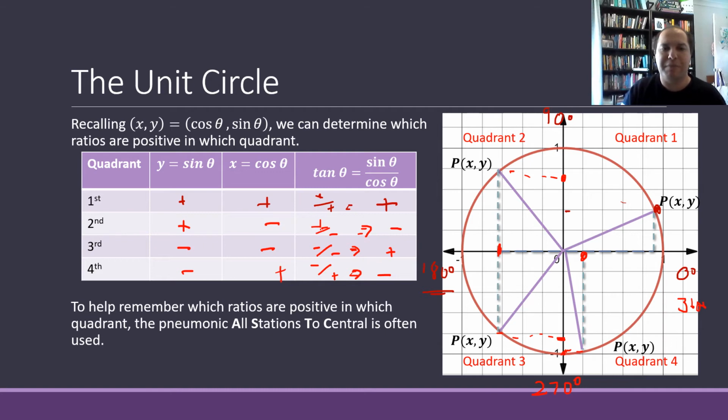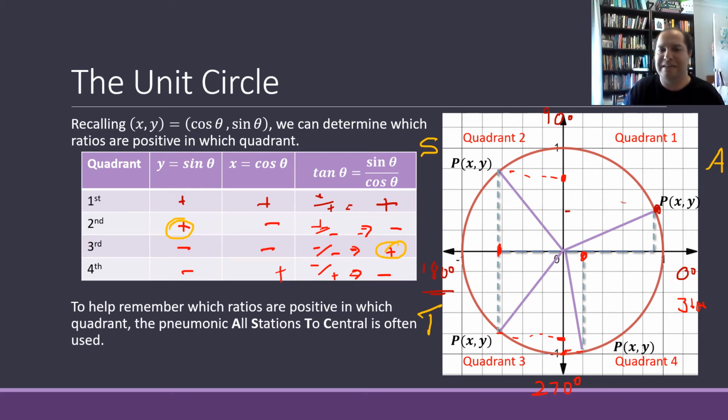So to help us remember which ratios are positive in each quadrant, we use a mnemonic. We might use the mnemonic all stations to central. So what that means is in the first quadrant, all of our trig ratios are positive. Looking in the second quadrant, only sine is positive. So all stations. In the third quadrant, only tan is positive.